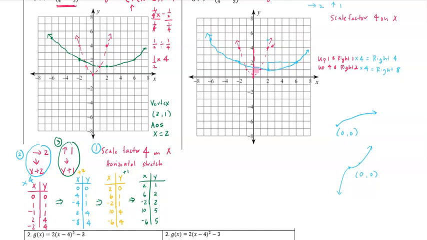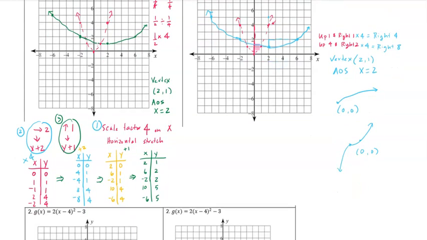And then use those movements and use the scale factor. Kind of like slope. But it has to start from those critical points. Okay? The vertex, we just get from the translations. Okay? And the axis of symmetry also, we get from the translations. Okay? Good job.